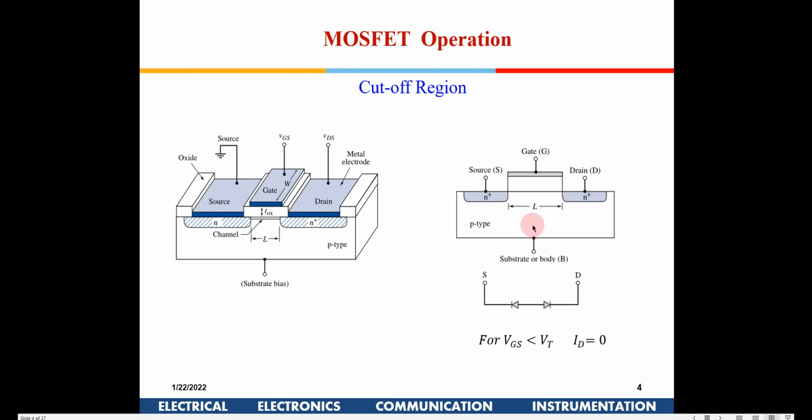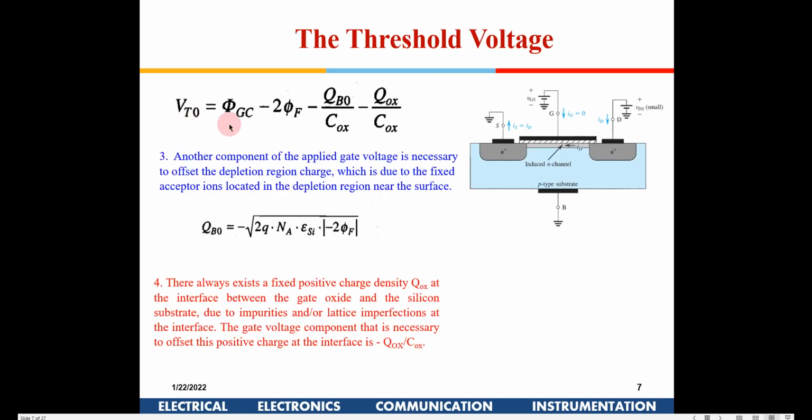Higher doping density will reduce the leakage current, but that will increase the VT. So that is the compromise, the trade-off which needs to be made. Okay, so these are the 4 different components of VT.